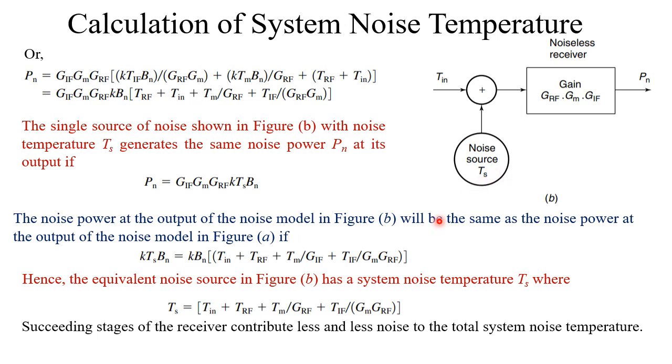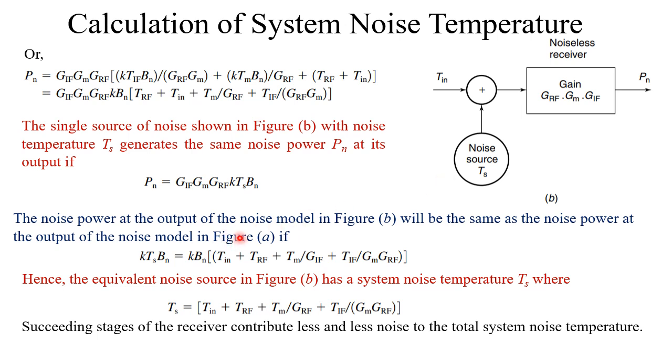Mind it, noise temperature, not the actual. So for this case, the noise power at the output will be GRF GM into GIF, total gain, multiplied by kTs into Bn, right? The noise power at the output of the noise model for this figure will be the same as the noise power at the output of the noise model in the previous situation, the original equivalent circuit.